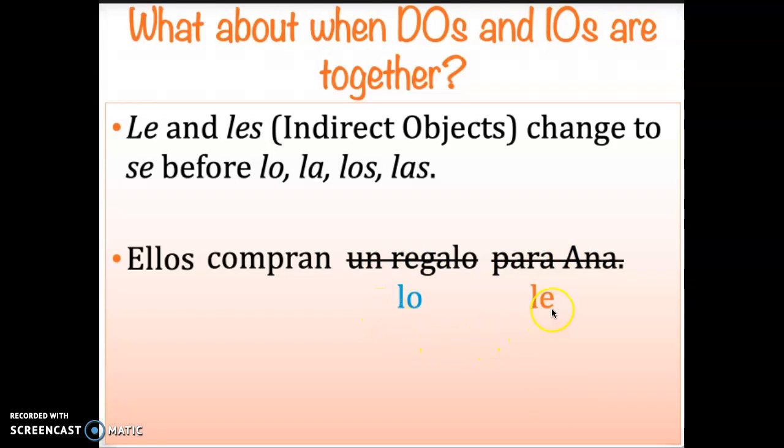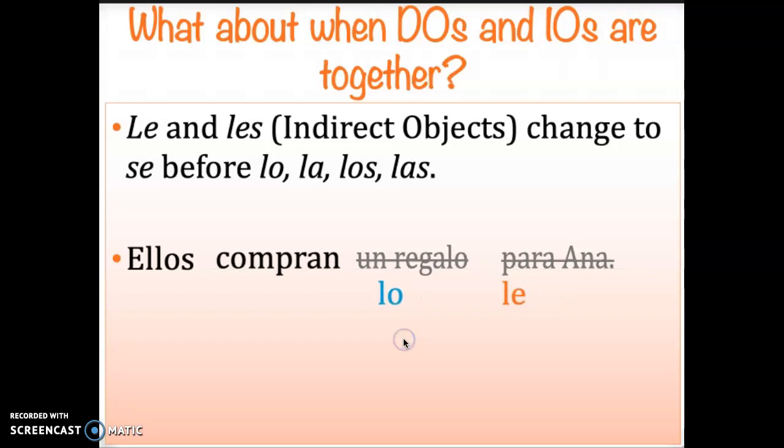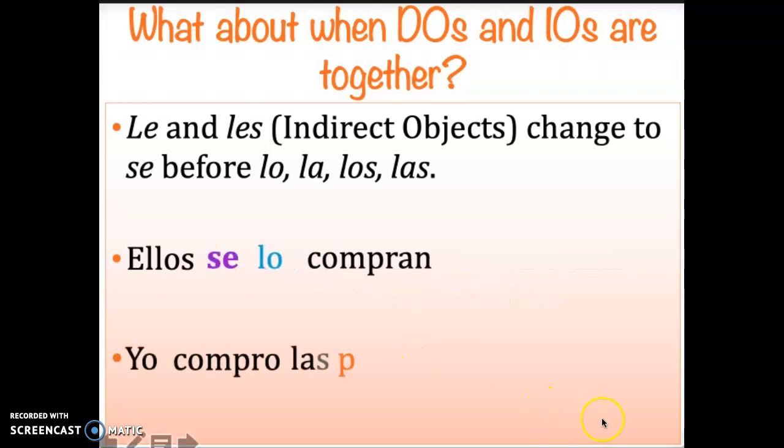Remember, people come first, so le has to go in front of lo. Since le has to go in front of lo, we know that le changes into a se whenever it is in front of the direct object pronoun lo. Okay. Ellos se lo compran.